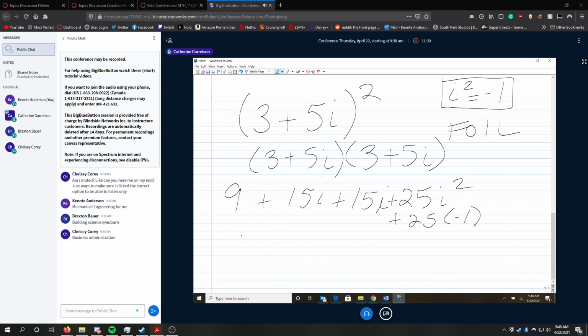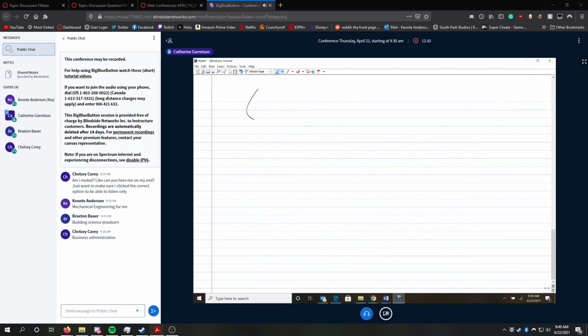So what I have now is 9 subtract 25, and I've got my 15i plus 15i. And so what we end up with is the complex number, 9 minus 25 is -16, plus 30i, because the two i's are like terms and they add together. So that takes me a little bit of time, but it's something I could do pretty well. Now, but what if they said this?